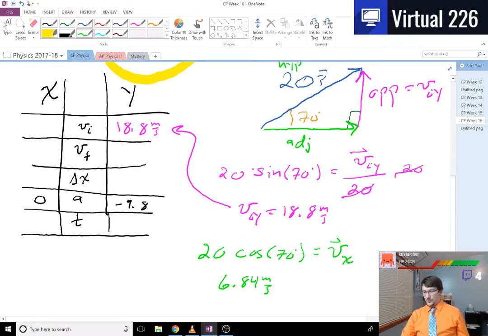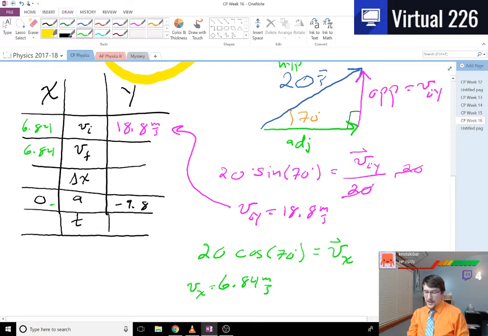Just like we said before, this value for the x velocity is less than the y velocity, simply because that angle's so steep, we were going more up than we are over. And we can just plug that into the x, 6.84, 6.84. They're the same. They're always going to be the same as long as this value is 0.